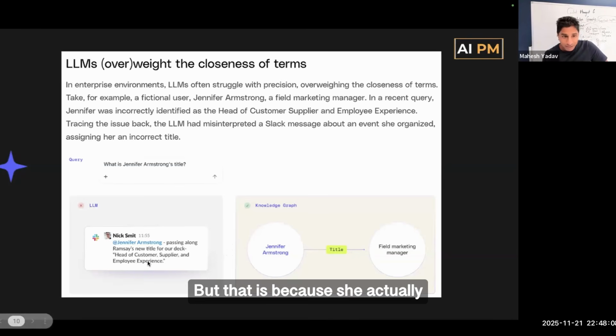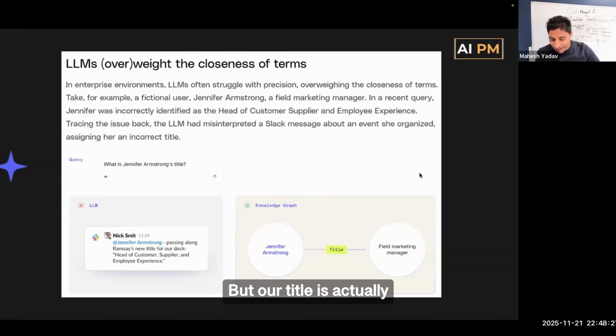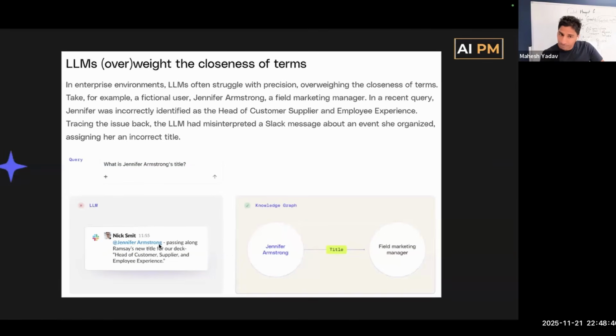But that is because she actually conducted a case study or wrote a paper about this position. Somehow our Agentic RAG and RAG system found more similarity to this. She talks about this topic a lot in internal documents, and she's conducting workshops on it, but her title is actually field marketing manager. Because we find more similarity, since she talks a lot about it in internal documents, the answer came out like this. Good. So that's one problem.